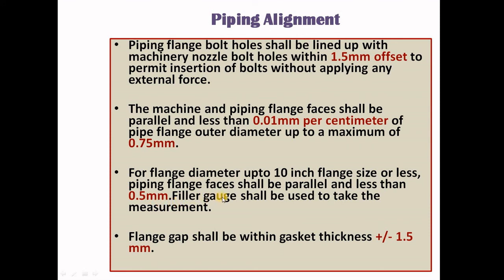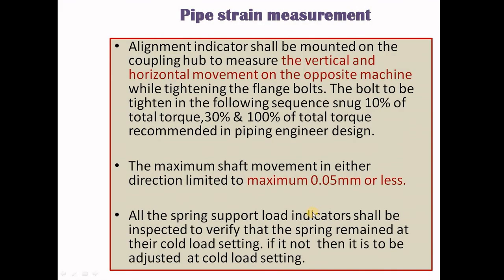This gap should be measured with a feeler gauge, and if it is more than 0.01 millimeter per centimeter, then we have to cut the flange and re-weld it and make it parallel. And the flange gap should be plus minus 1.5 millimeter, depending on the thickness of the flange and the thickness of the gaskets.